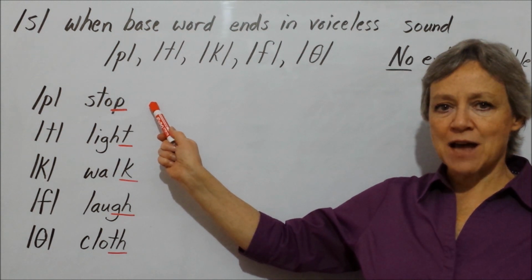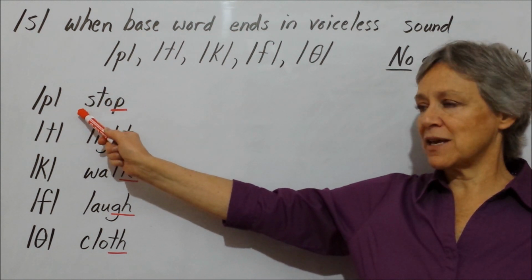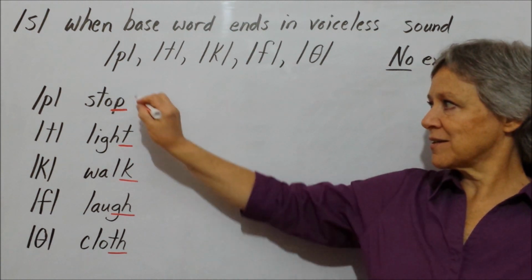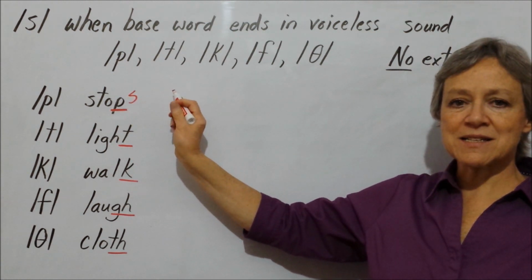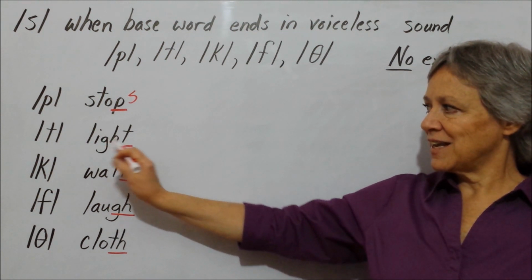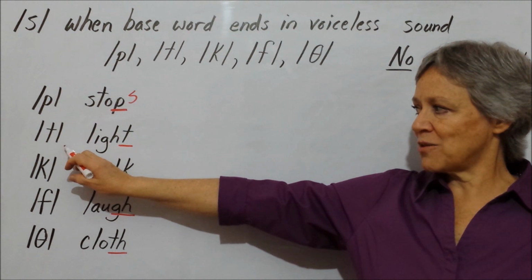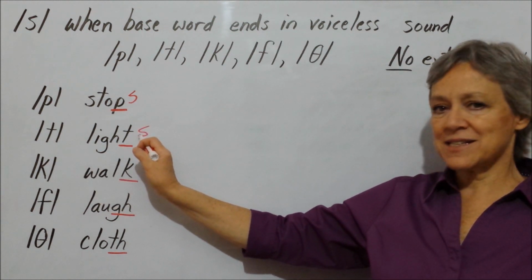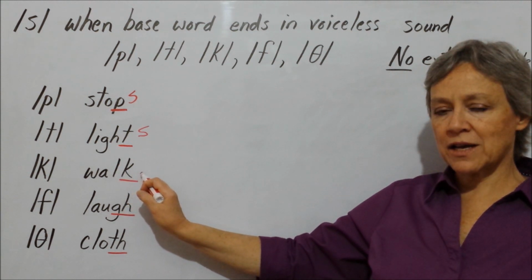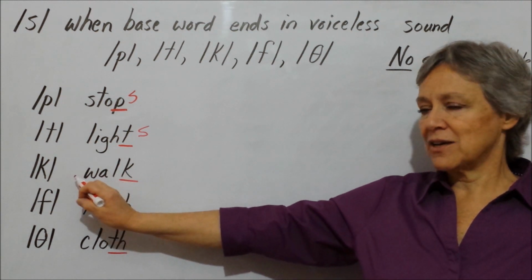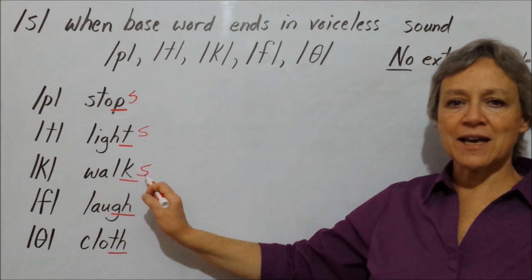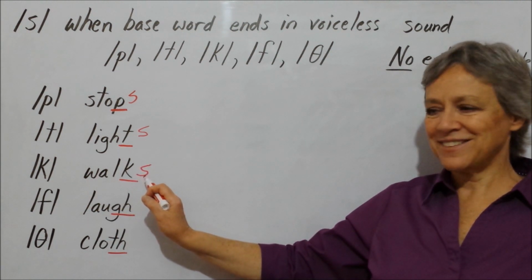This is stop. It ends in the p sound. When I add the letter S, I get stops. This is light. It ends in the t sound. When I add S, I get lights. This is walk. It ends in the k sound. When I add S, I get walks.